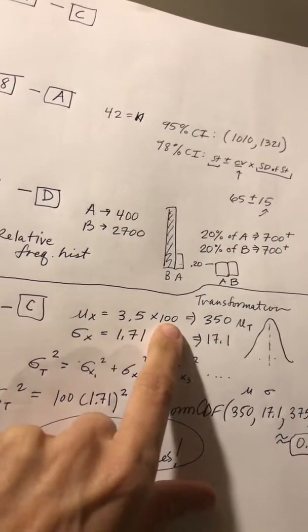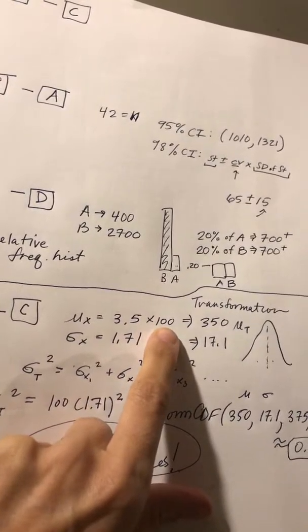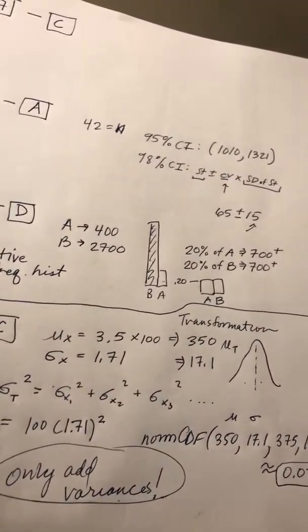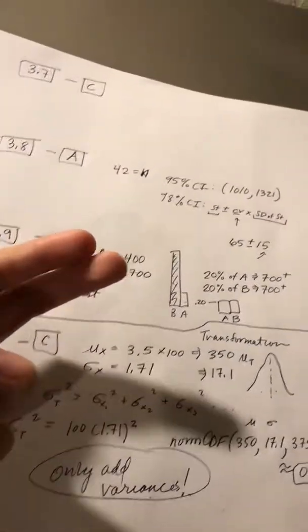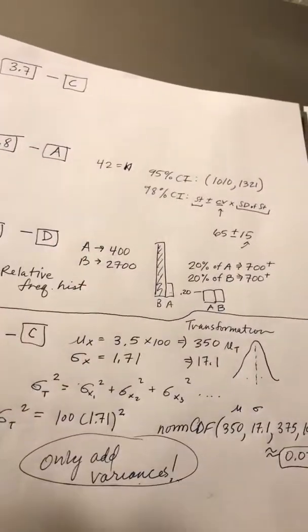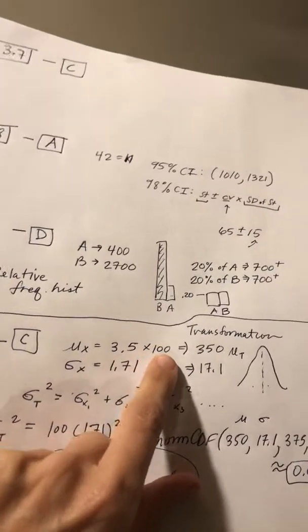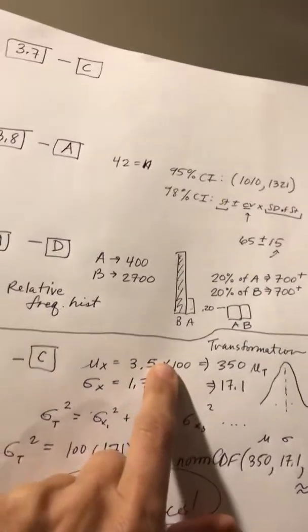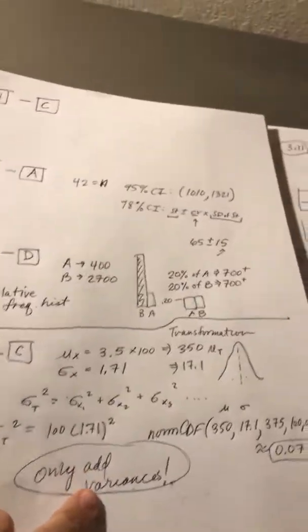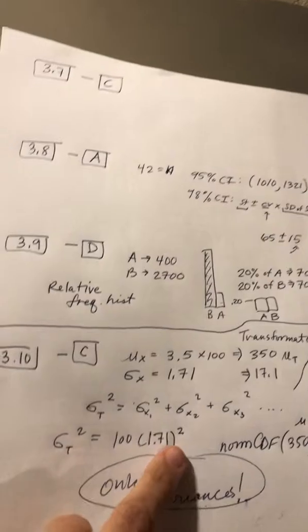I rolled it 100 times, and multiplication really is repeated addition, isn't it? It's 3.5 for the first roll, and then 3.5 for the second, and then 3.5 for the third, and oops, who cares? I'm just going to multiply by 100. I'm not going to add 3.5 100 times. But we do have to add when we do variances, and we'll see why that matters.